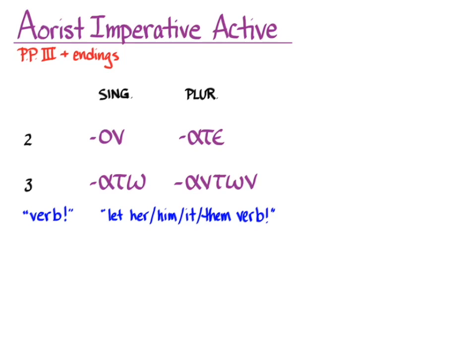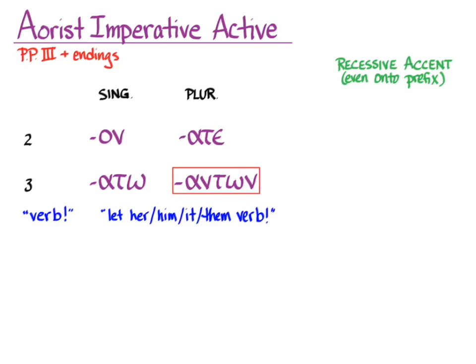So here you have the same default translations that I gave you for the present imperative active. Accent is recessive, even onto the prefix if it's a compound verb. And here again, in the third person plural imperative, you need to be careful about confusing that form with the genitive plural, masculine or neuter participle.